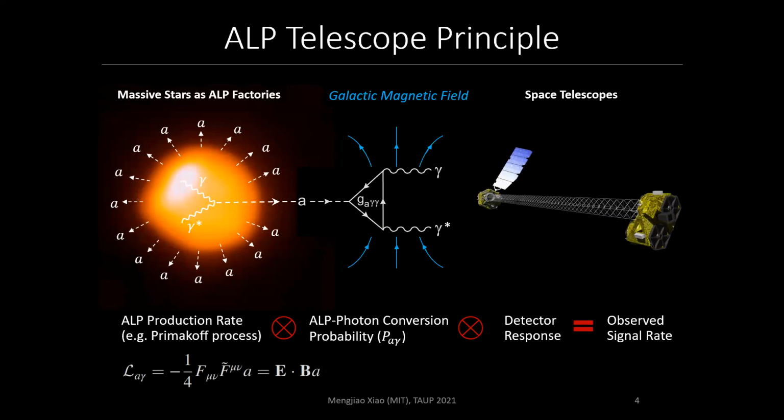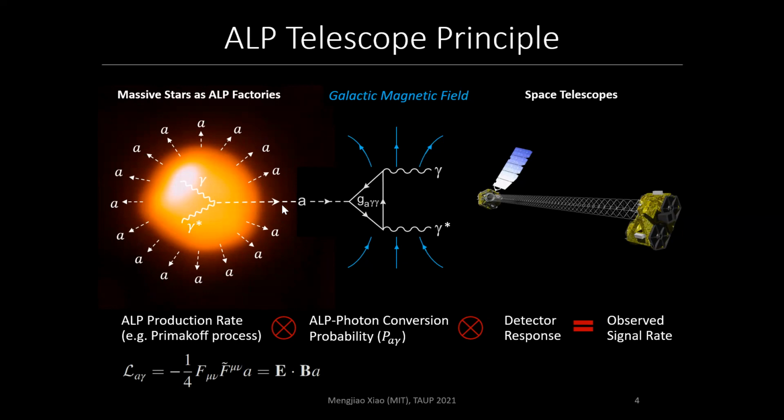Here is a simple cartoon to demonstrate the working principle of axion searches with astrophysical observations. We usually use massive stars as axion factories. Theoretically, within some extreme environments, for example in the cores of stars, photons can convert into axions, such as through the Primakoff process.